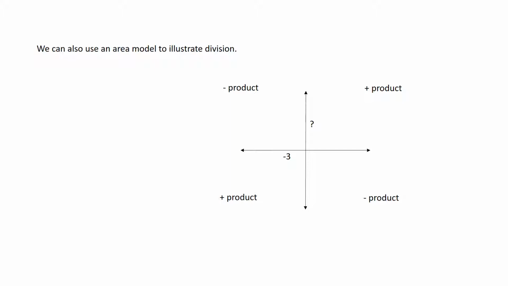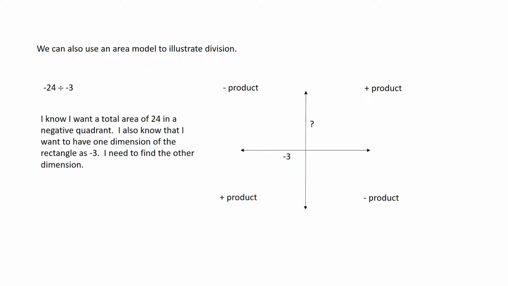So we can also use this area model to illustrate division. Suppose I want to take negative 24 divided by negative 3 and find out what that is. I want an area of 24 in a negative quadrant.